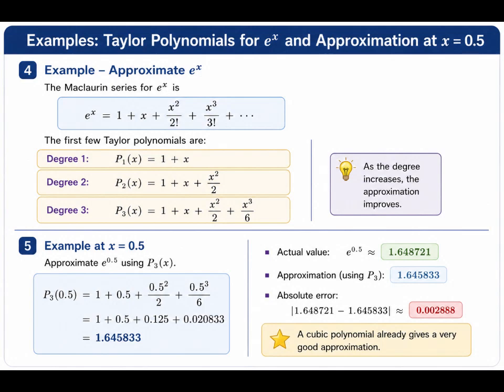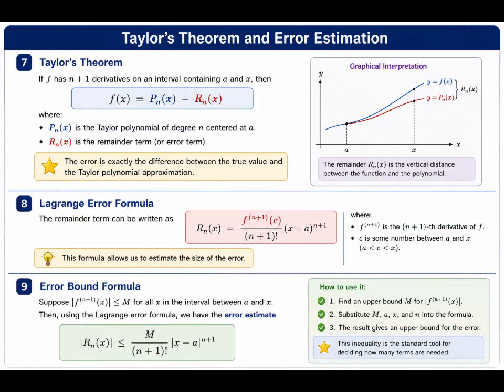How can we measure that error? That question leads us to Taylor's theorem. In the previous example, we used a polynomial to approximate e to the power of 1/2. But how accurate was that approximation? Taylor's theorem answers this question.